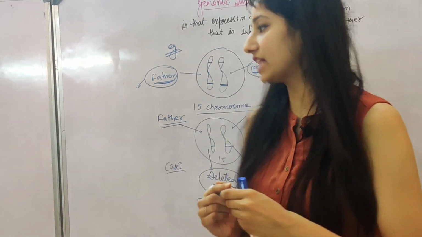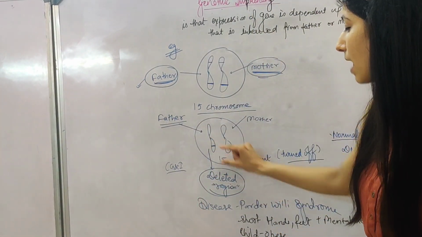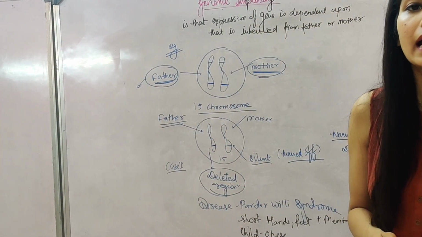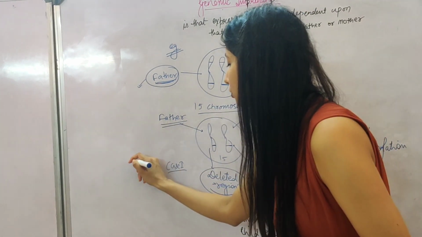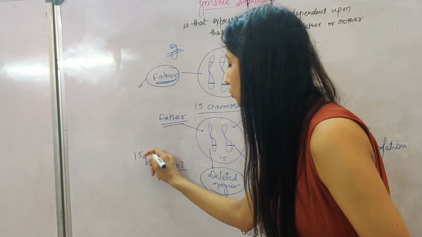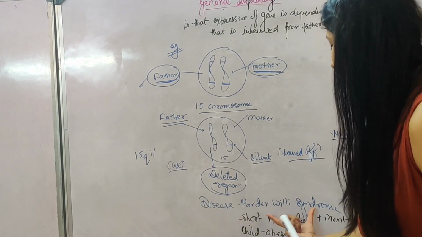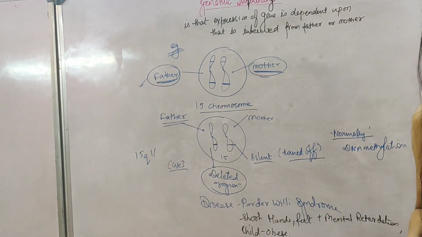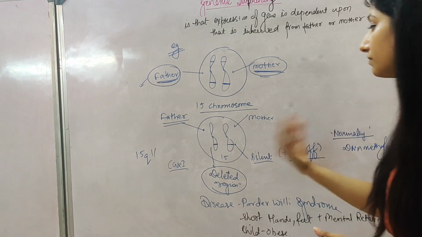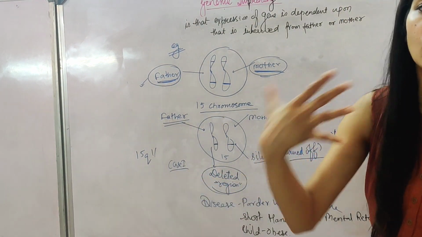This is the condition that occurs when a specific part of the 15th chromosome is deleted. That specific part of the 15th chromosome is Q11. When that part is deleted, it will result in Prader-Willi syndrome.